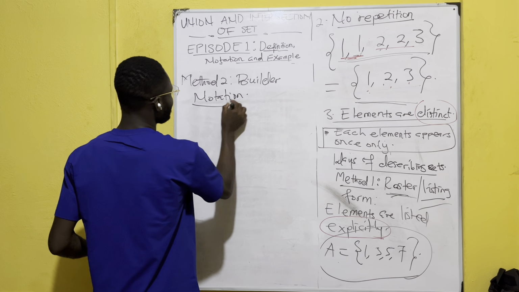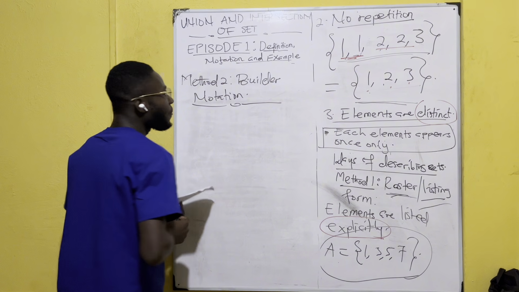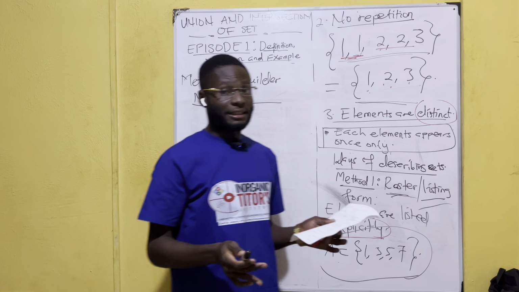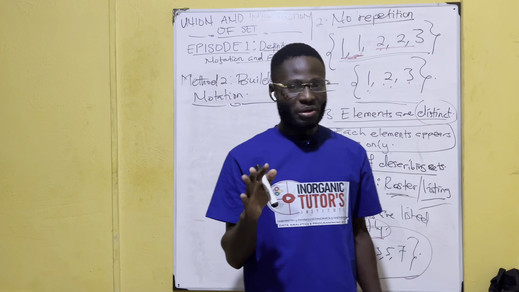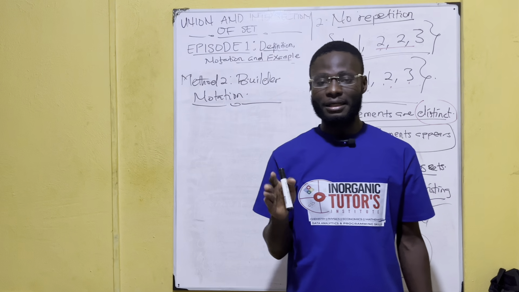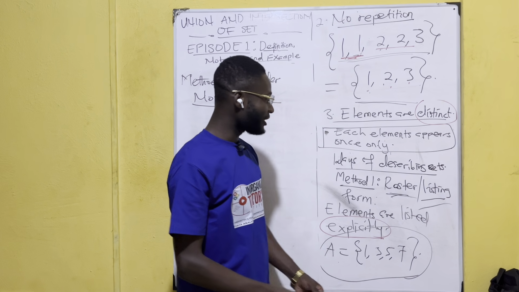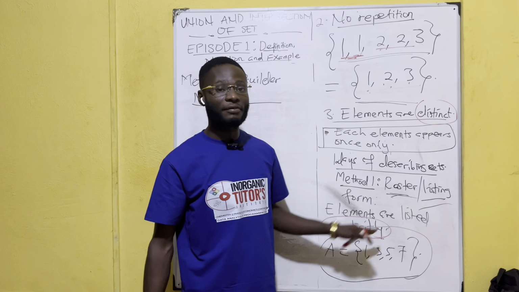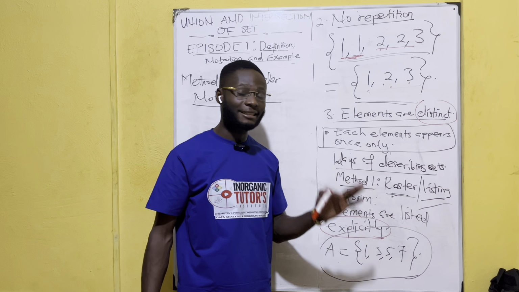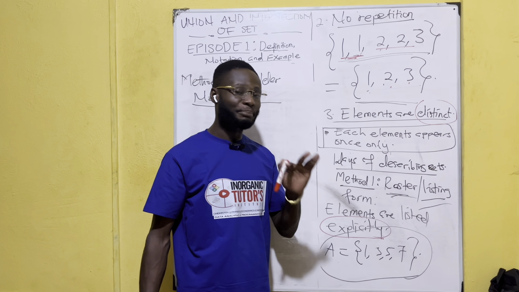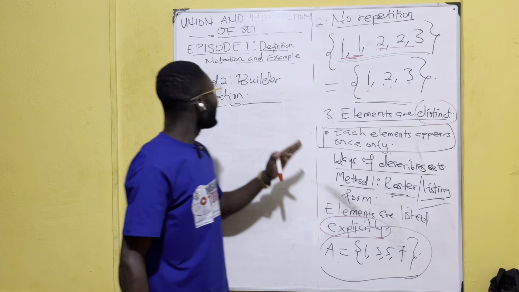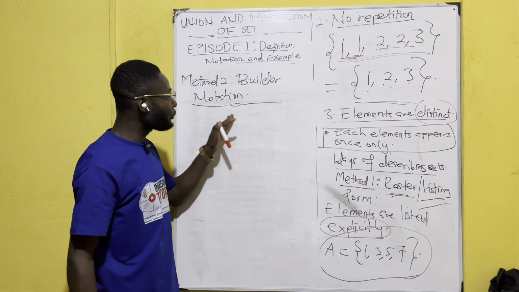So basically, I have two ways that we describe a set. The first is the roster or the listing form, where we make sure that elements are listed explicitly or specifically. The second method is builder notation.